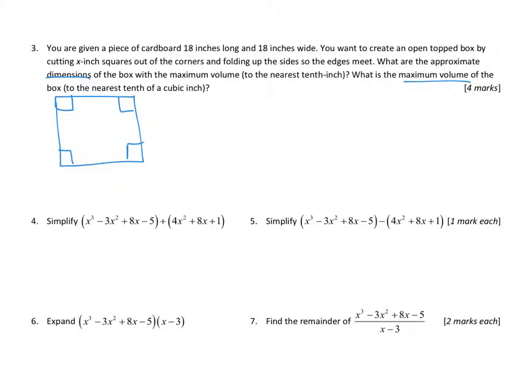So this piece of cardboard is 18 from edge to edge, 18 from edge to edge that way, but these little squares we're cutting out are x by x. So the volume is length times width times height.